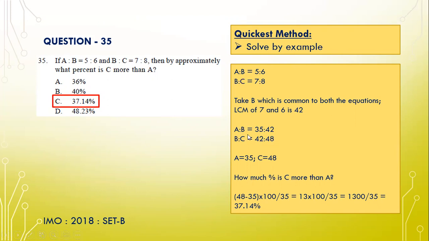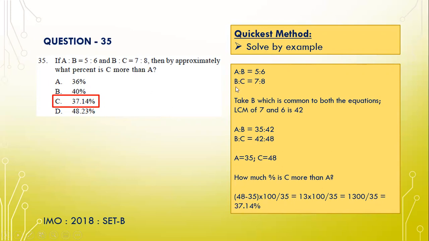A is 35 and C is 48. How much percentage is 48 more than 35? So it is 48 minus 35 into 100 divided by 35. 48 minus 35 is 13. 13 into 100 divided by 35 is 1300 divided by 35, which is 37.14 percent.